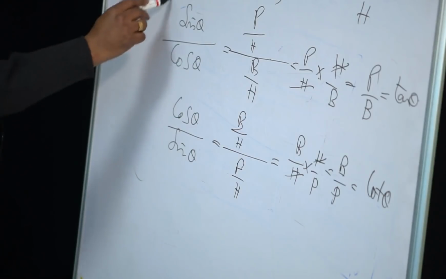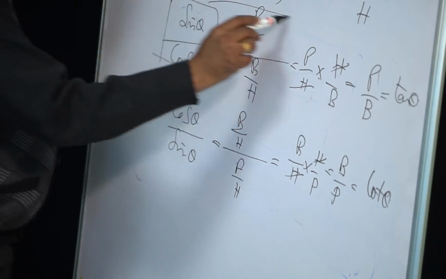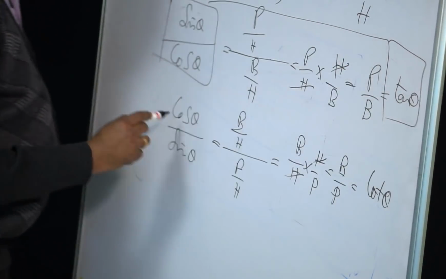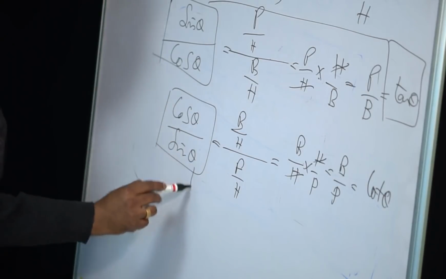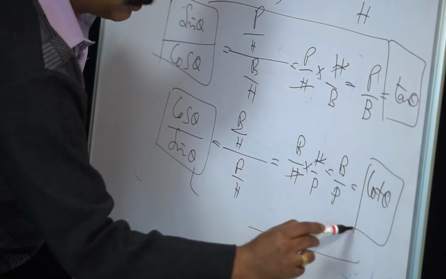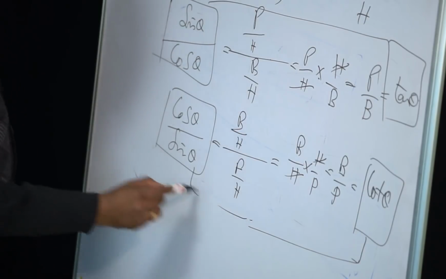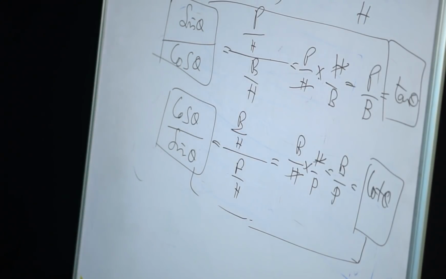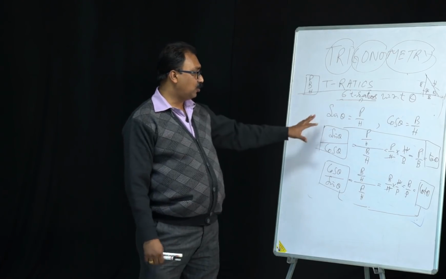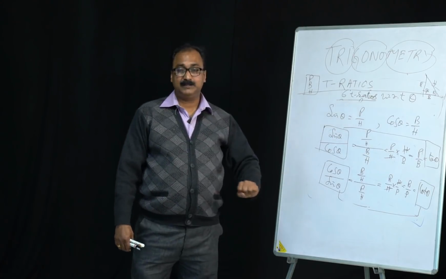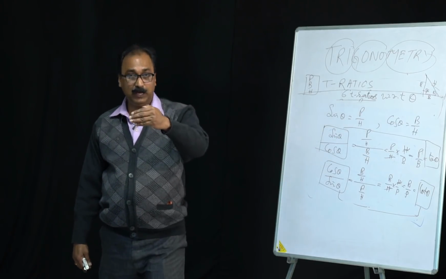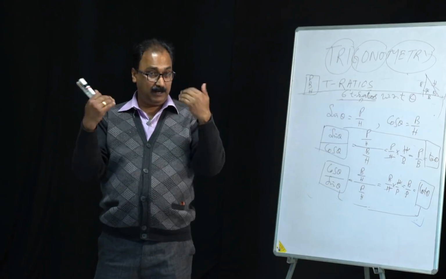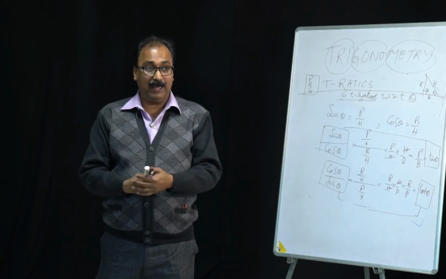So what you learn here is sine by cos is equal to tan and cos by sine is equal to cot. So please remember these relations also. It will help you to solve the problems in the exercises and in other parts also. So all these trigonometric ratio formulas, we can make in a flow chart in order to remember them for the whole life in one go.